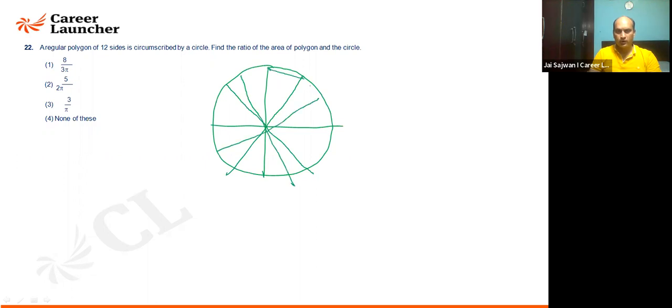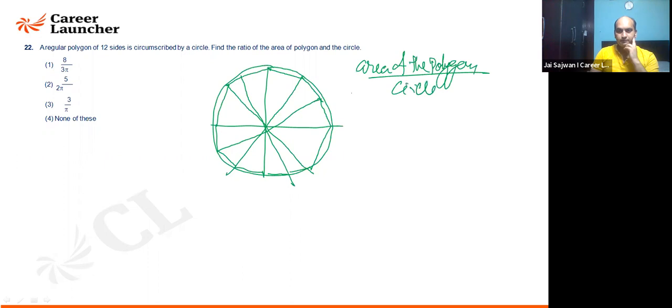Now what you do is you connect them. Consider it to be coming at an equal gap. Fine, so this is the figure. Now the 12-sided polygon is circumscribed by a circle. Find the area of the polygon upon the circle. Okay, what will be that ratio?